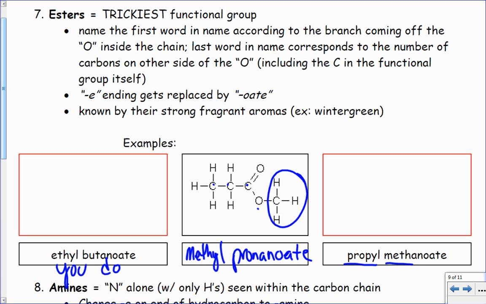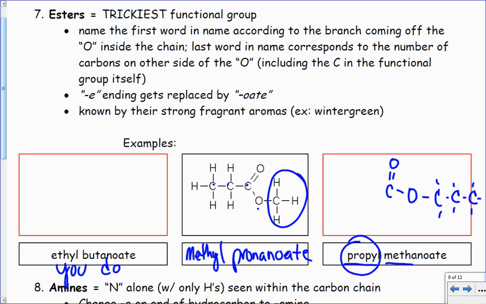Okay. Here I have a propyl methanoate. So propyl is going to be on the side of the oxygen. Let me start by drawing the C double bonded O to the O, because that's where I know I have to put the propyl. Now propyl, specifically on the other side of the O, has 3 carbons. 1, 2, 3. Let me go ahead and fill in my H's. I'm using the dashes for now for H's.